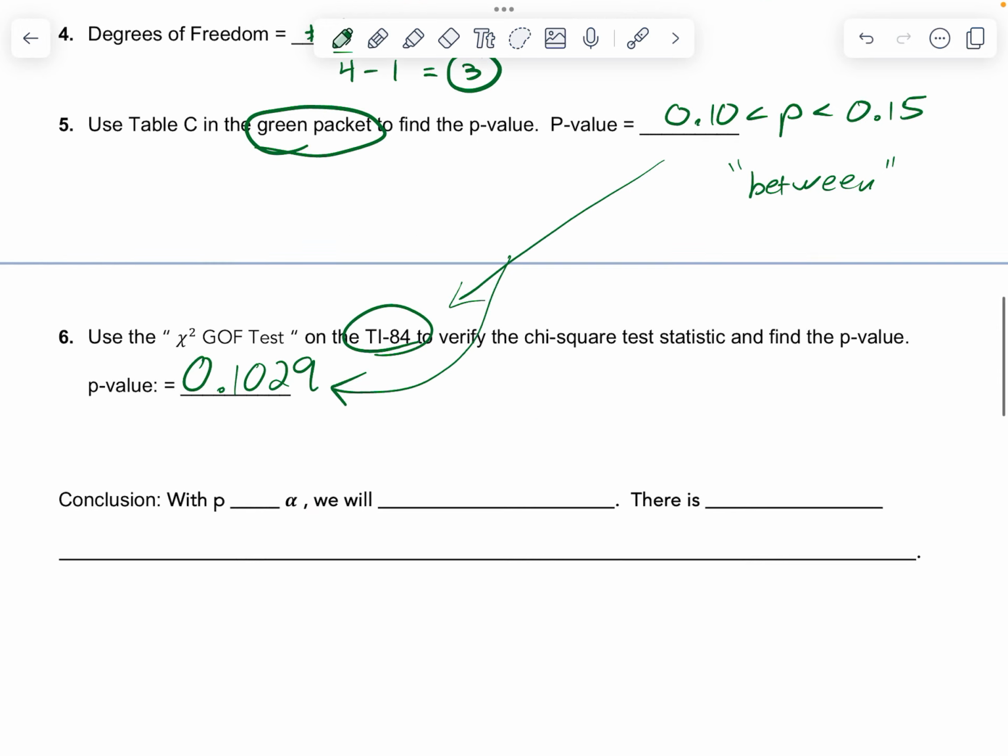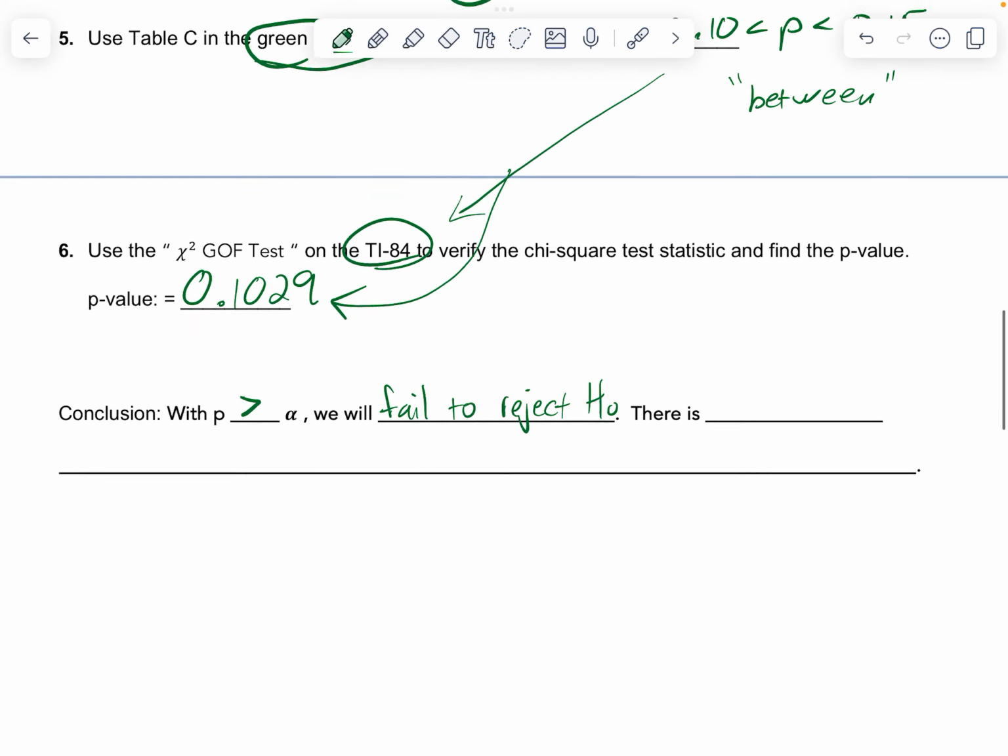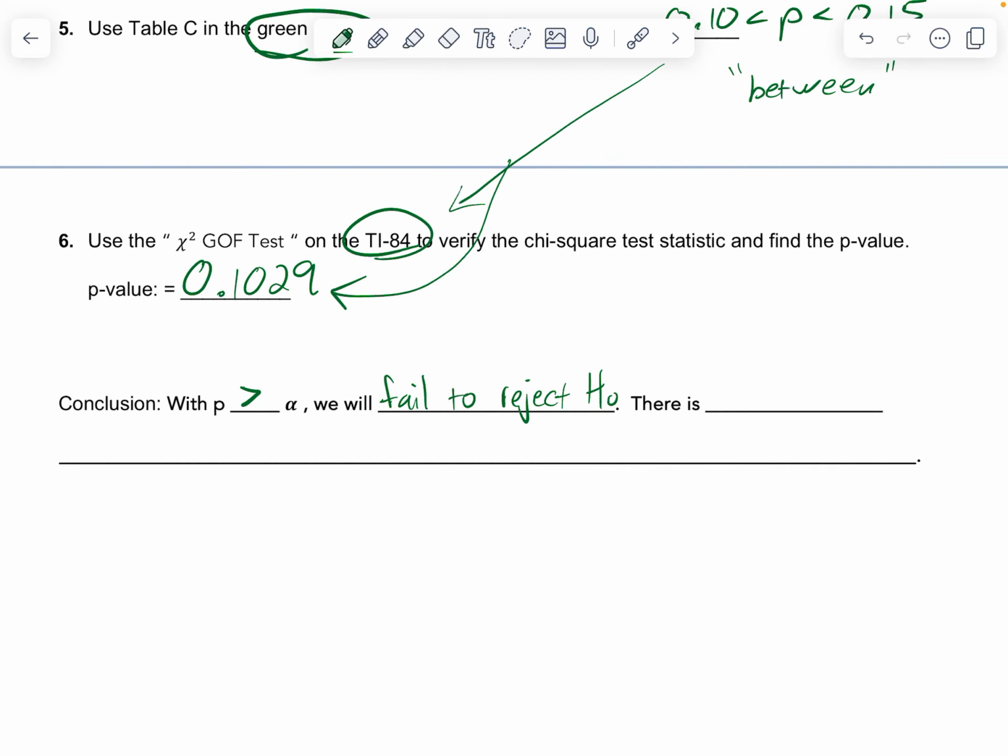All right, conclusion. Our P is above alpha. It's above 0.05. We will fail to reject H0, sorry. And then when you fail to reject, you say there is not convincing evidence that the biologist's claim is false.